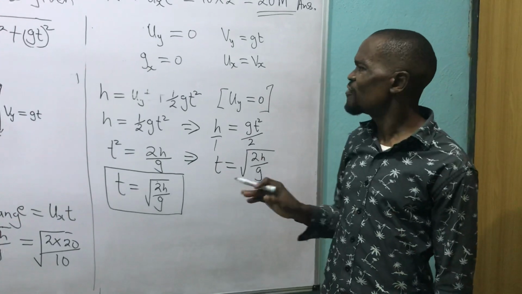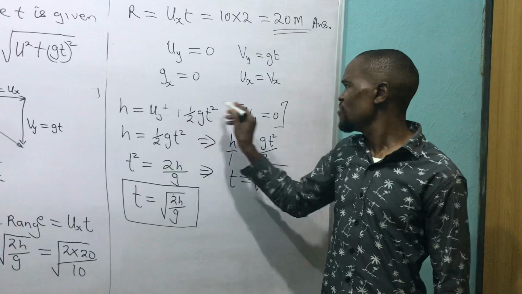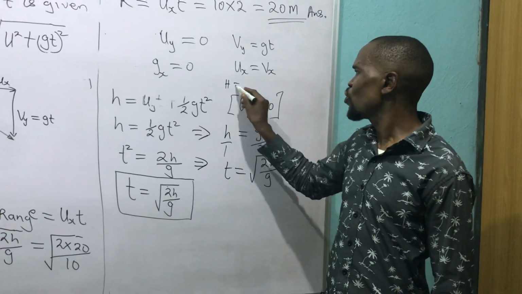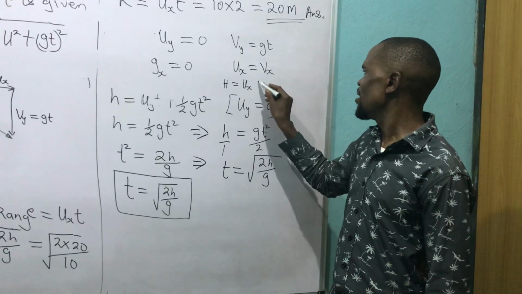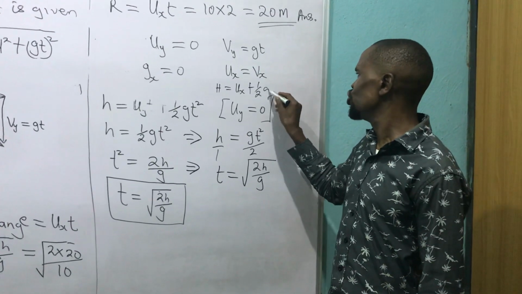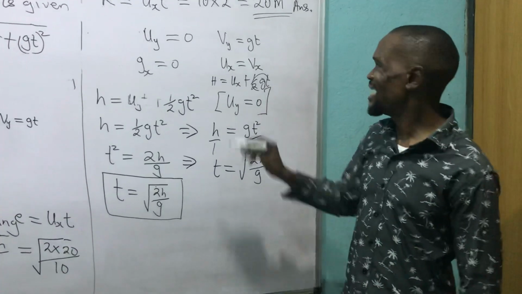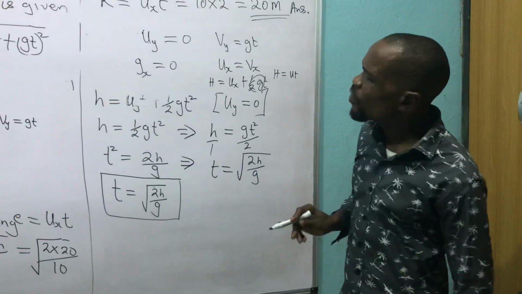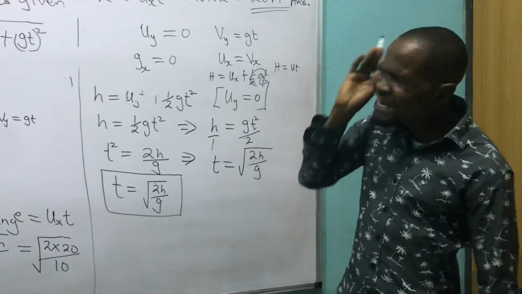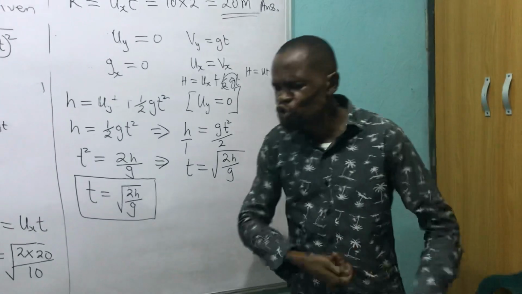When it doesn't have an effect on the horizontal motion, if you substitute it here, h equals ux t plus 1 over 2 gt squared, this term will become 0. I'll have this equal to this. So that's the reason why I have h equal to ut.